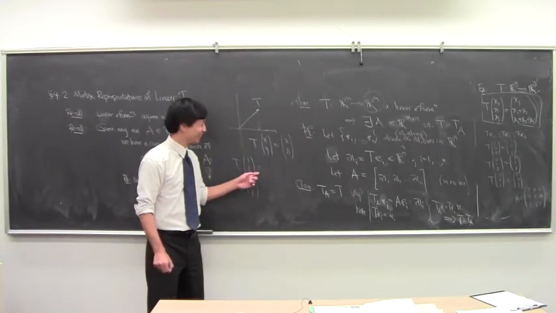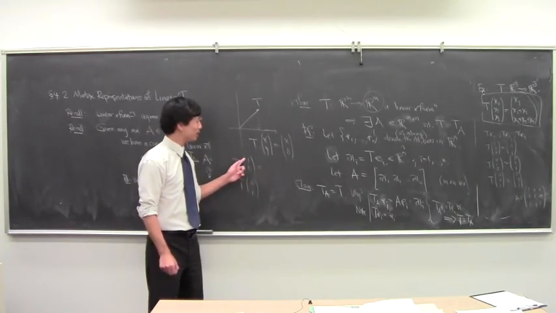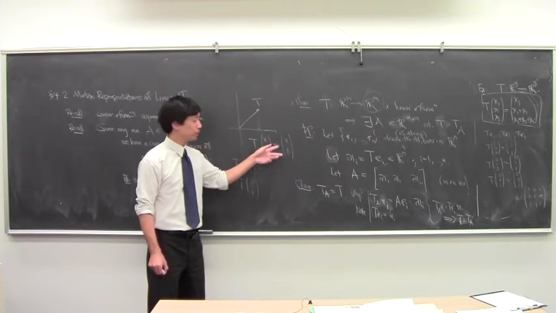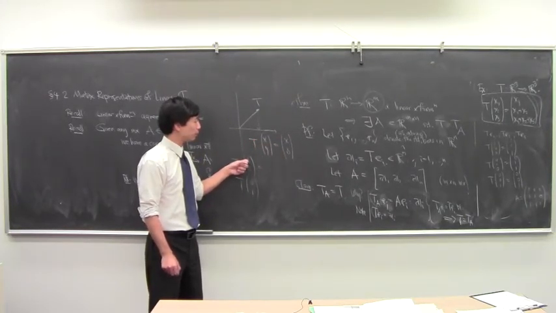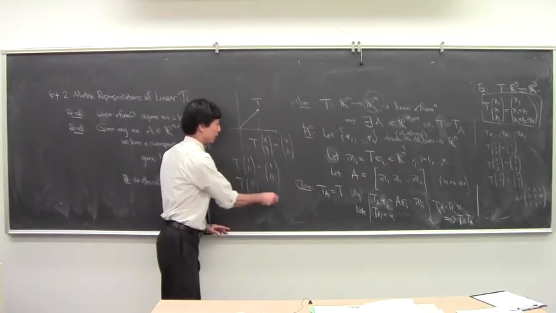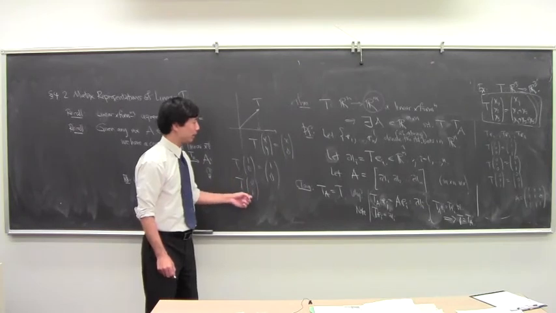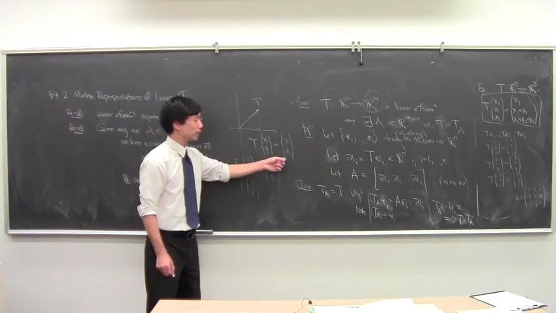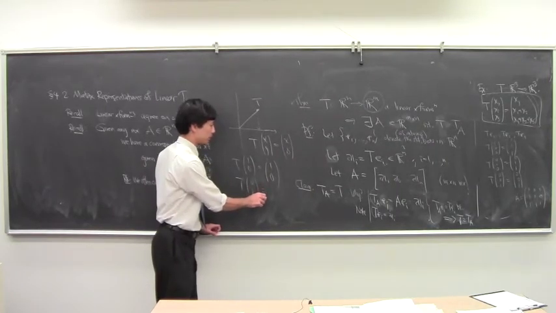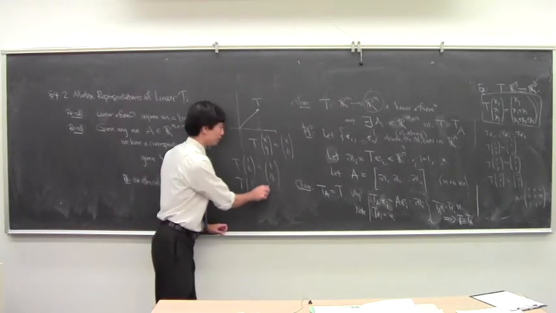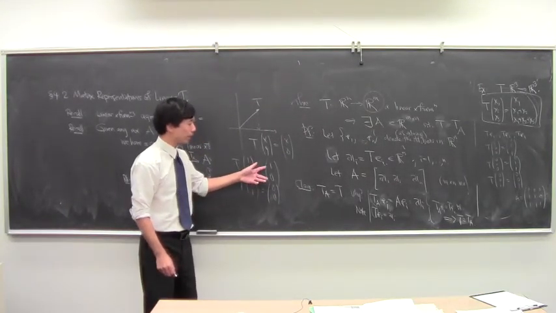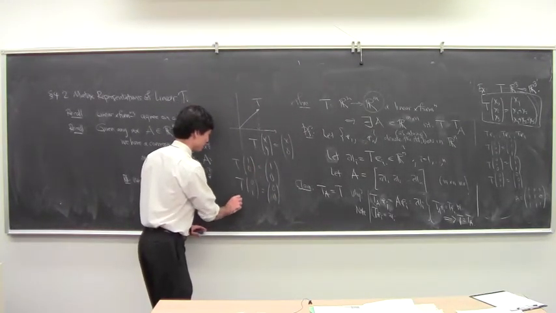Of course. Okay, so look, T of (1, 0): T takes (x, y) to (x, 0). So T is going to take (1, 0) to (1, 0). Now T takes (0, 1), and T takes (x, y) to (x, 0), so T takes (0, 1) to (0, 0). And that is our matrix.